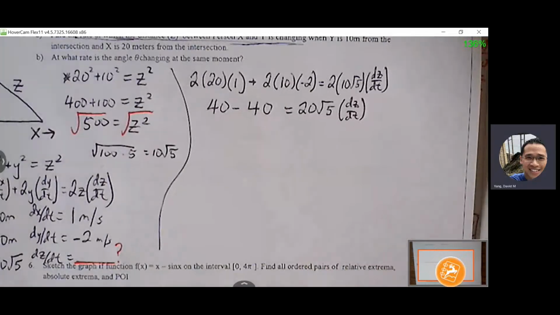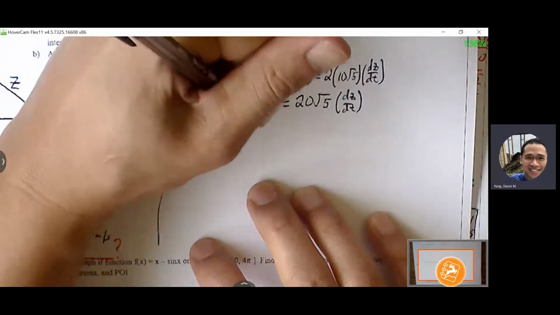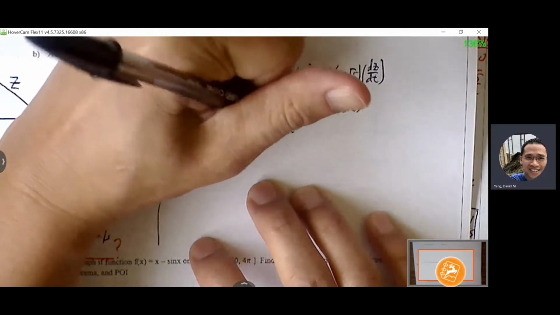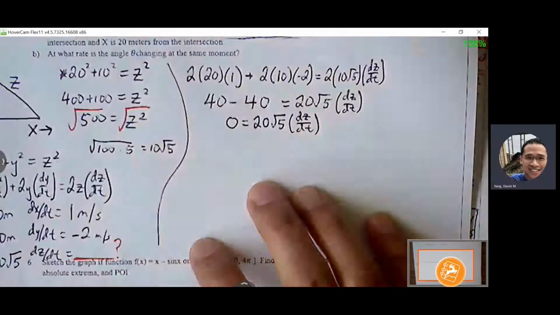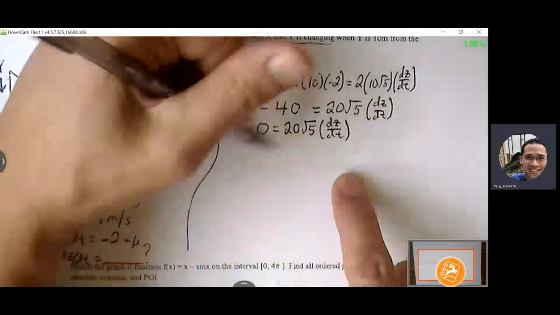Okay, this ends up giving us 0, right? But it's not like a ladder problem where the hypotenuse is always a constant. It just so happens that at this moment in time, that distance between x and y is not changing.